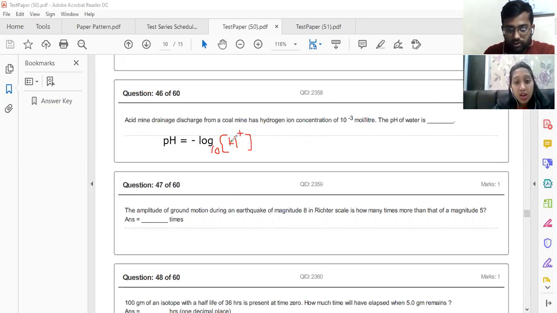This is your formula for pH. Instead of hydrogen, you can also write hydronium ion H3O positive.